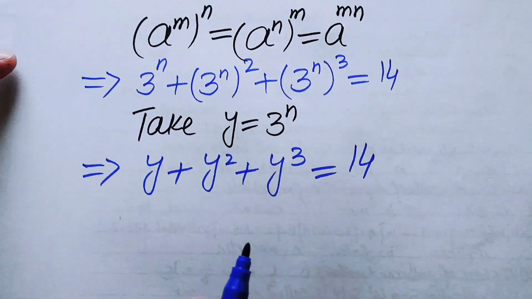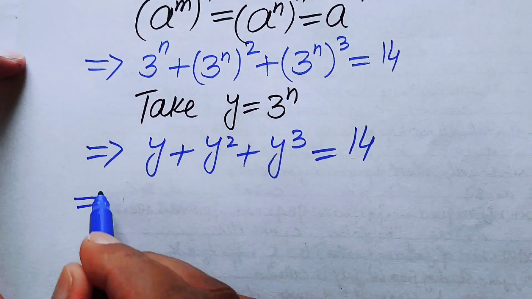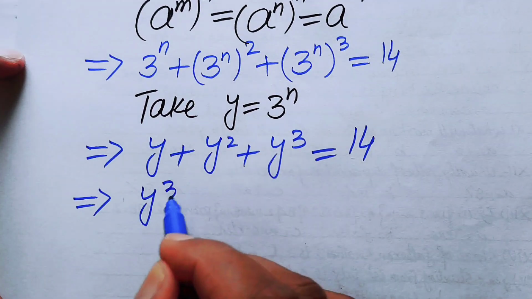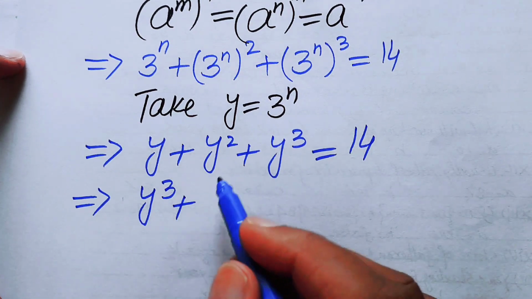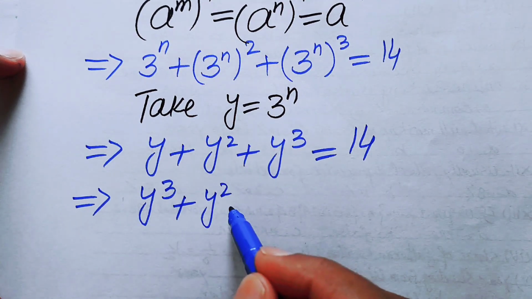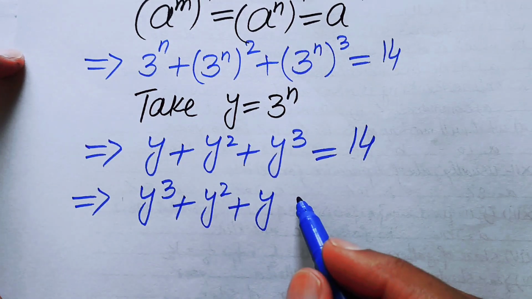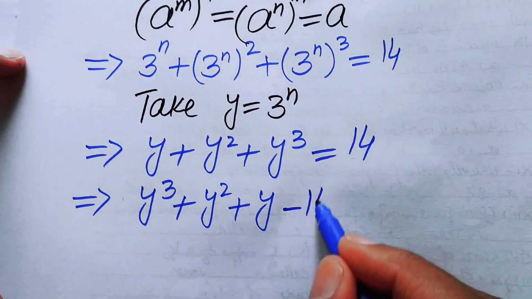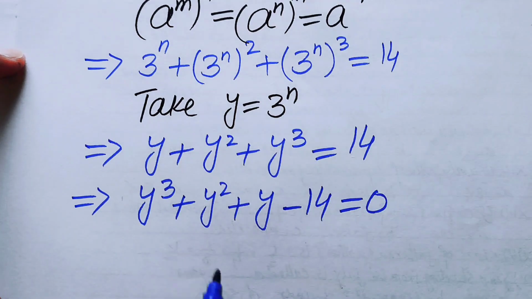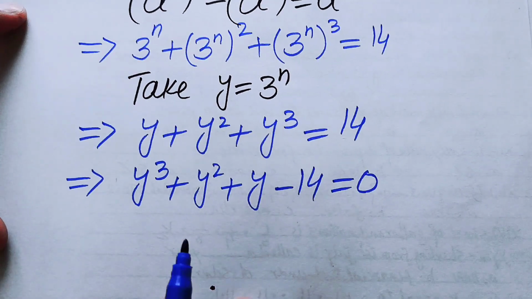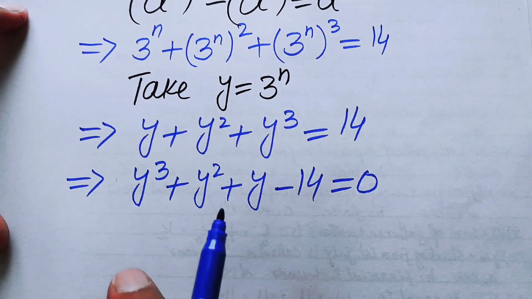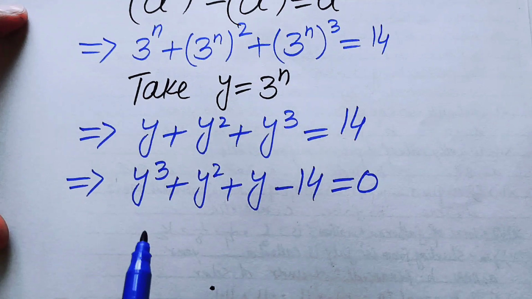After this step I can rearrange the terms and write it as y cubed plus y squared plus y, and we move this 14 to the left hand side, and you get minus 14 is equal to 0. The next step is to find the factors of this equation.